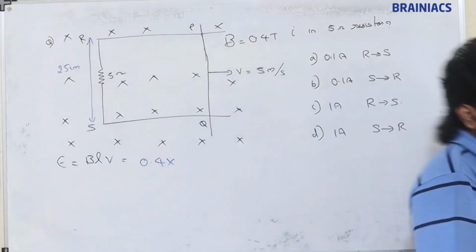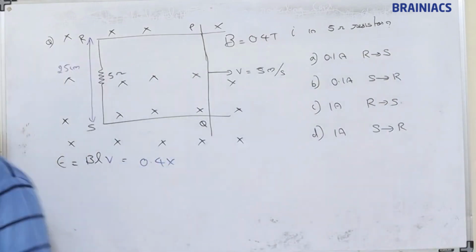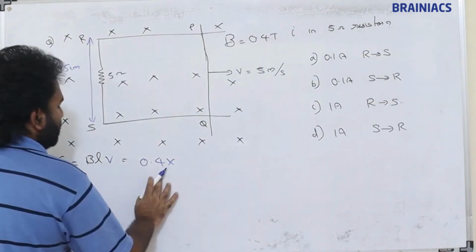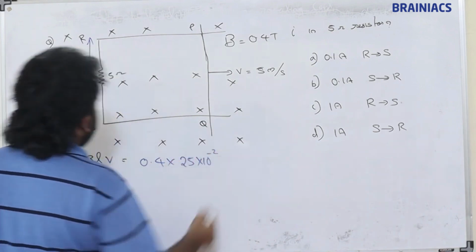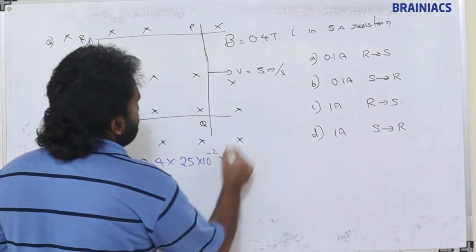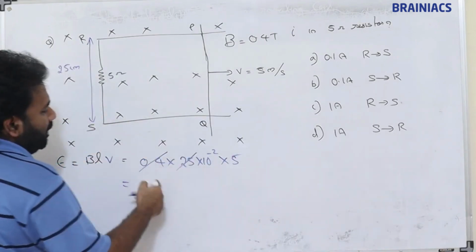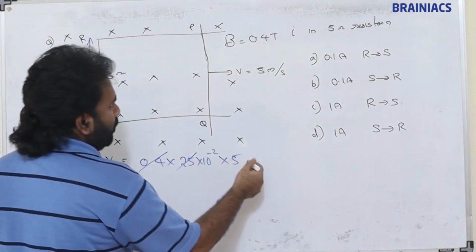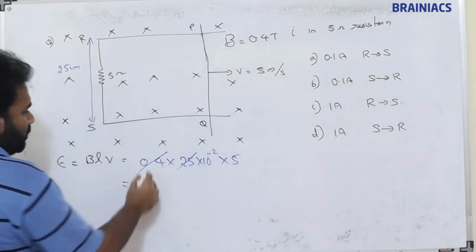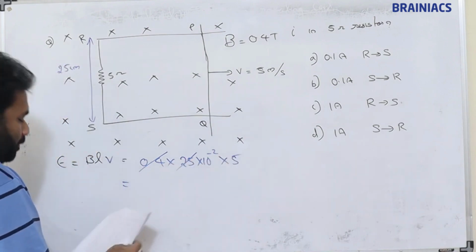So E is equal to BLV, 0.4 into 25 into 10 raised to minus 2 into velocity 5. 4 into 25 is 100, and this is 500.